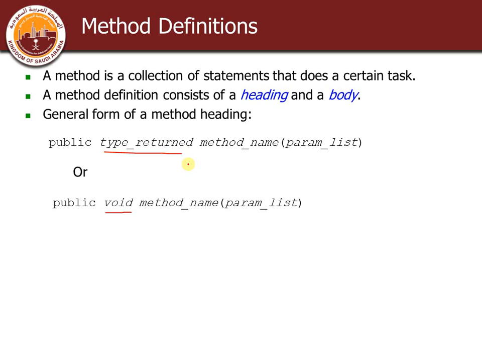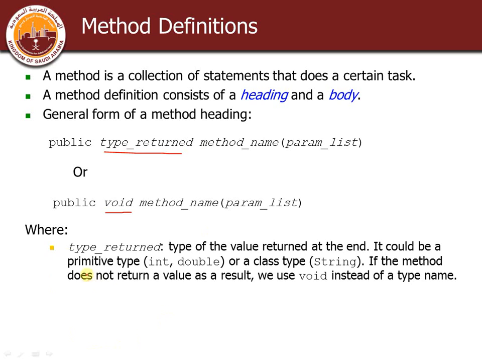I can return any class data type like scanner or string, or any primitive data type like int, double, float, etc. So this is the thing about the return type. It can be any data type, either a primitive data type or a class data type.